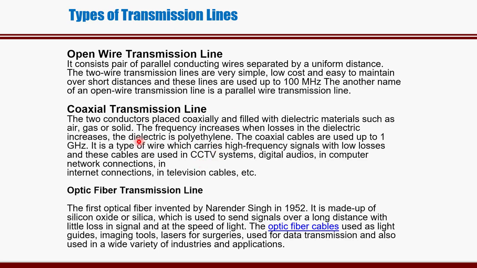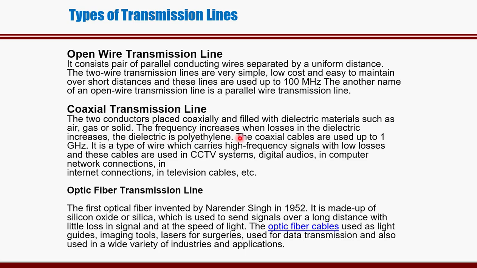Second, the coaxial transmission line. In a coaxial transmission line, two conductors are coaxially placed and filled with a dielectric material such as air, gas, or solid. The middle conductor is the signal carrying conductor, and the outer conductor is the grounded conductor, and in between these two, gas or air is present.